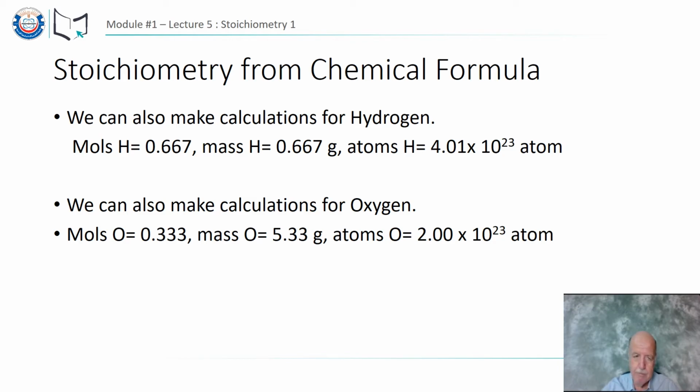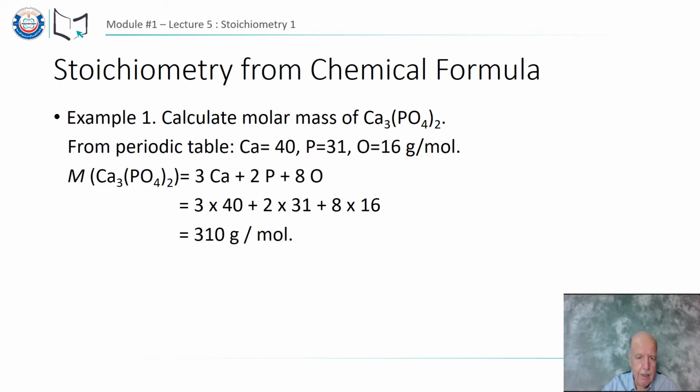Elements from compound. Another example, calcium phosphate. We need to calculate, first thing, its molar mass. It consists of what? 3 calcium atoms. 1 phosphorus? No. Phosphorus multiplied by 2. So 3 calcium, 2 phosphorus. 4 oxygen?